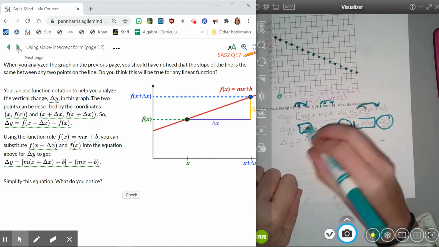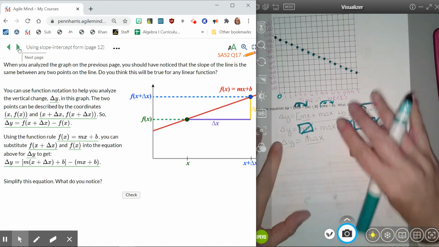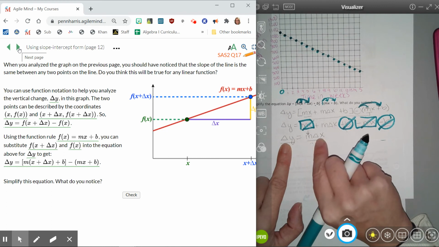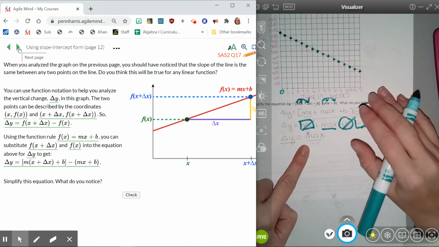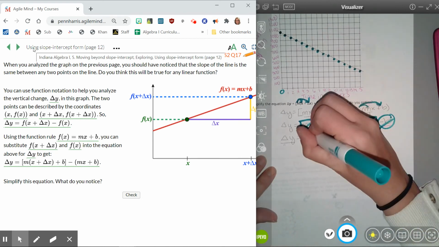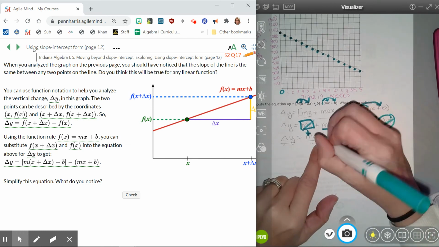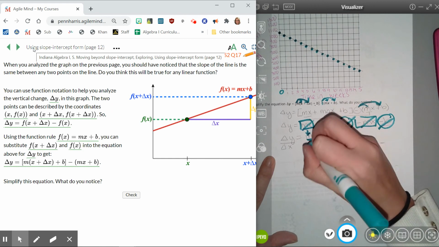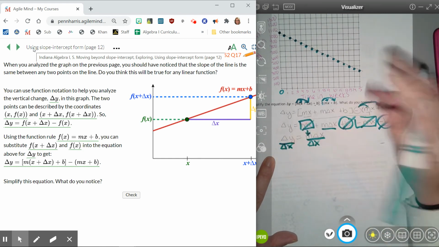And all I'm left with is that the change of Y equals M times the change in X. Well, what they want us to do here, guys, is get this M by itself. So to do that, I'm going to divide by the change in X. If I divide by the change in X on this side and on this side, we end up with M equals the change in Y divided by the change in X.